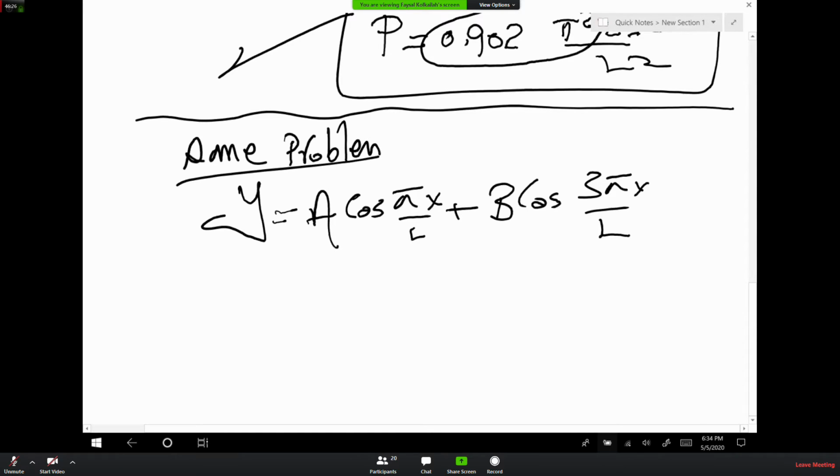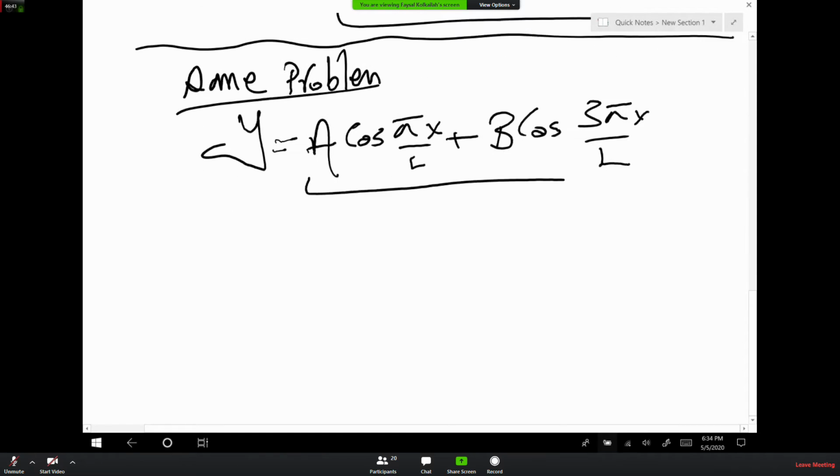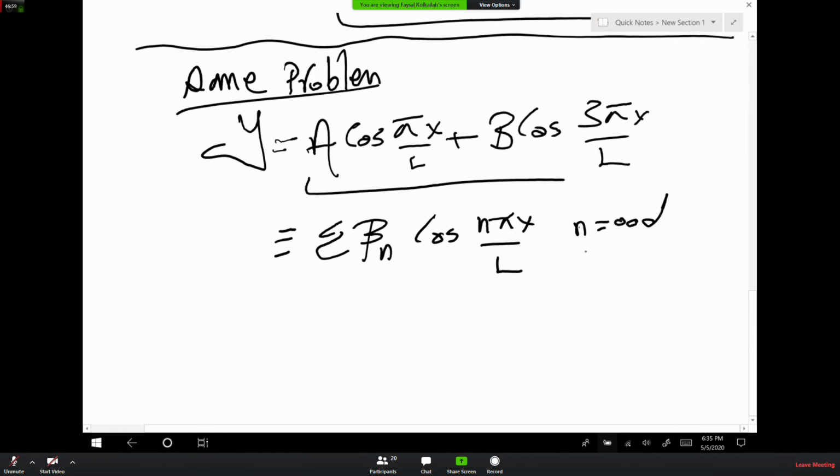The idea is that it doesn't matter if you assume delta y or y. What matters is the function itself. The first one, I assumed delta y. Here I'm assuming y, it doesn't matter. But this one will be better because I have 2 terms. This is very much like summation beta n cosine n pi x over L for n odd.